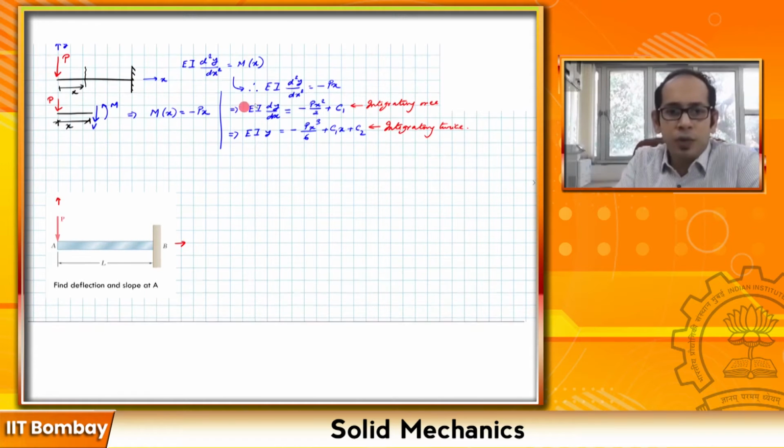You see, I have integrated this once and I get this expression. The integration of minus Px dx is minus Px squared by 2 plus the constant of integration c1. You integrate it again, you get this expression over here.